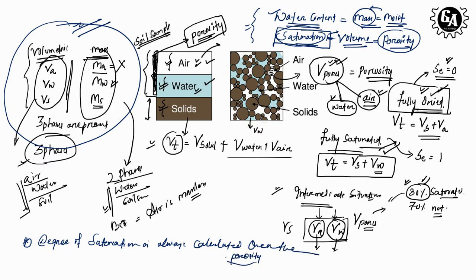And all of you know that porosity is the volume of pore spaces present relative to the total volume. So porosity alpha is equal to the volume of pores to the total volume. In volumetric form we just use the volume of air, volume of water and volume of solid if we are considering three phases.